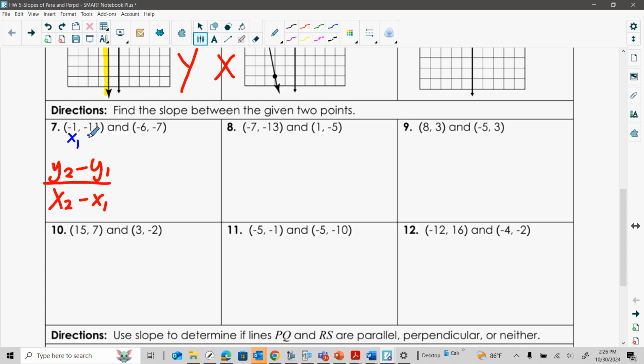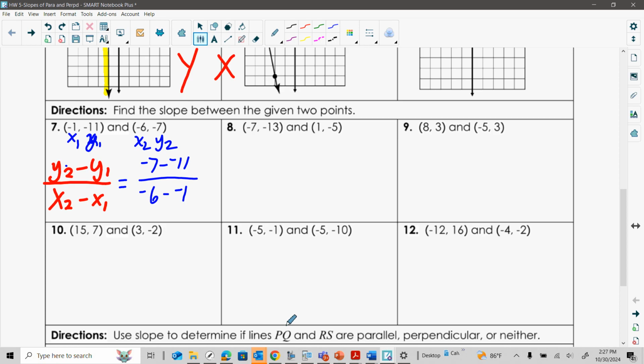Your -11 is your y1. Then this is the second coordinate, -6 is your x2, and -7 is your y2. So all we're doing at this point is substituting the values in the formula. This should be -7 minus -11 over -6 minus -1.